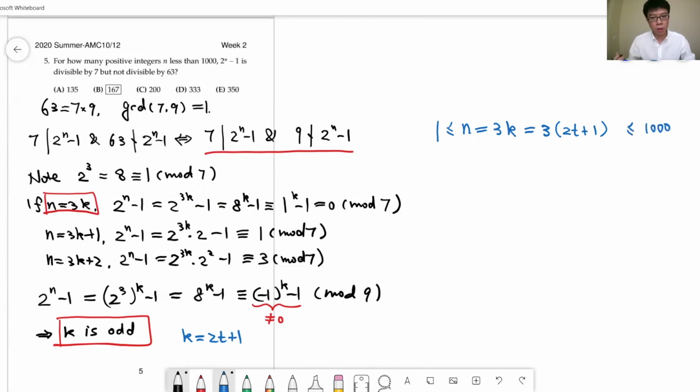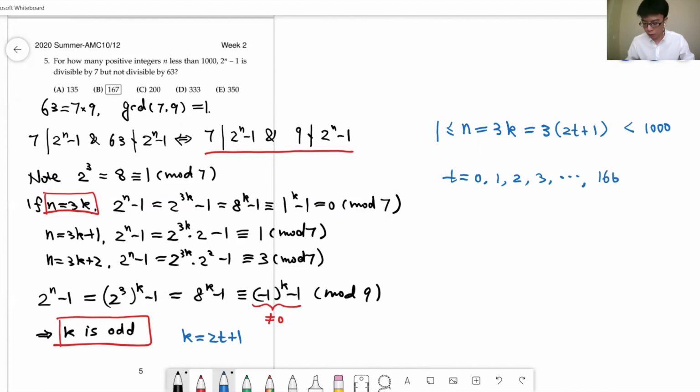That helps us to find t. The smallest t is 0, okay? t cannot be negative. The smallest t is 0, and then t can be 1, 2, 3. The largest possible t to satisfy this number strictly less than 1,000 is 166.